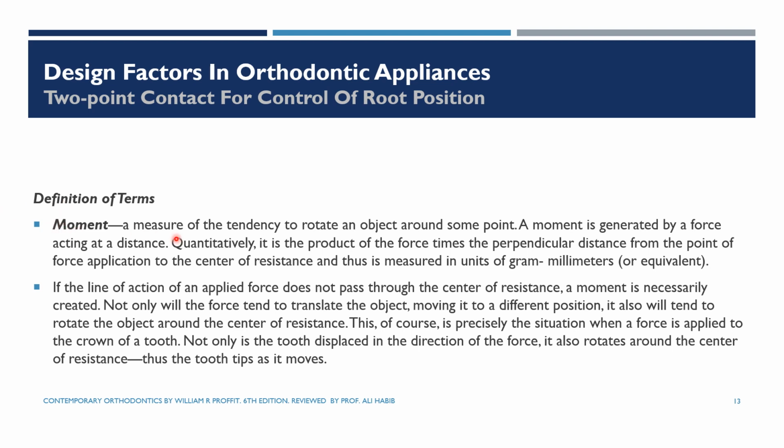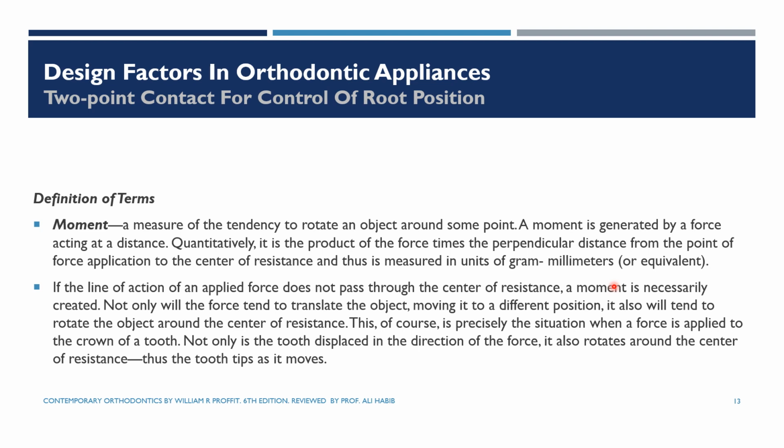Moment is a tendency to rotate an object around some point. Why does it occur? It occurs when we apply the force away from its center of resistance, and it's equal to the force applied times the distance from the center of resistance. So we say a moment of 50 gram millimeters, and this is our problem.